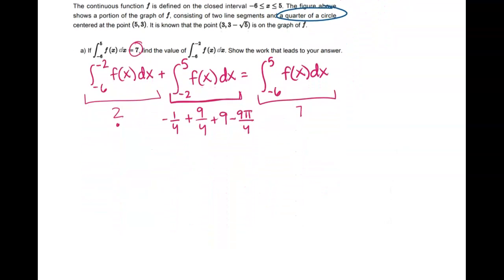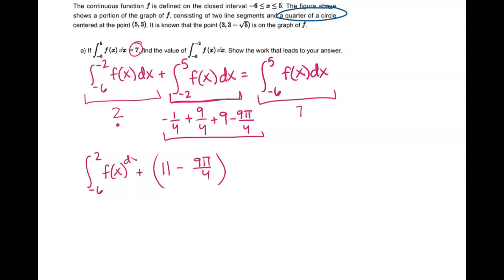So now it's straight up algebra essentially. So we know that the integral from -6 to 2 of f of x dx plus, we simplify this a little bit, -1/4 plus 9/4 is 8/4, which is 2. 2 plus 9 is 11. So we're left with 11 minus 9 pi over 4.